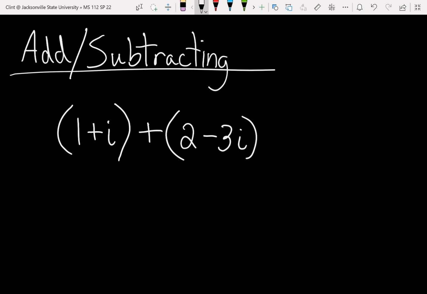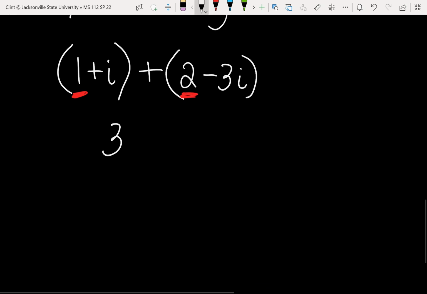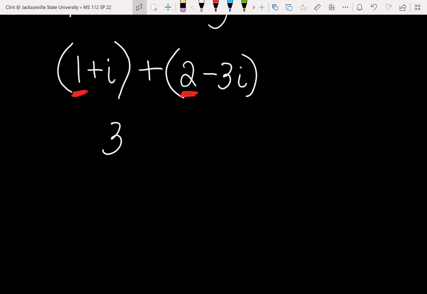If you treat i like an x, you already know how to do these. It's just like combining like terms. So I want to take the 1 and the 2, add those together: 3. And then I want to take the i and the negative 3i, add those together.